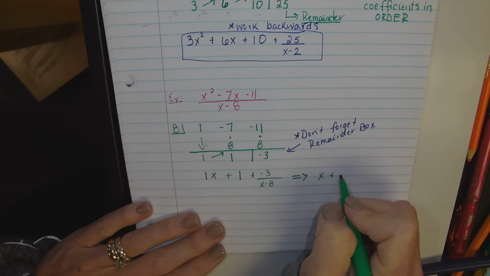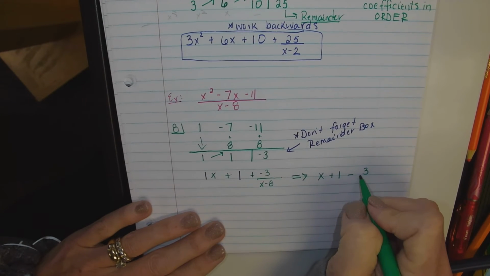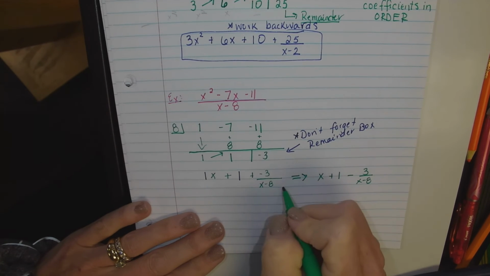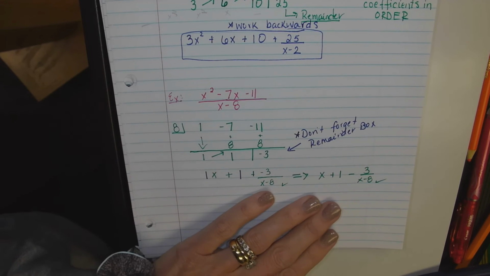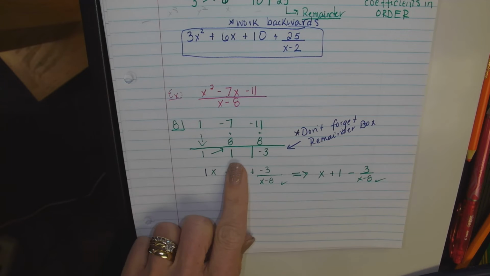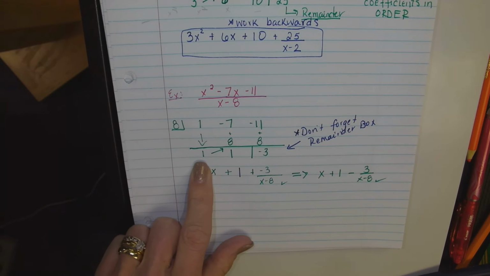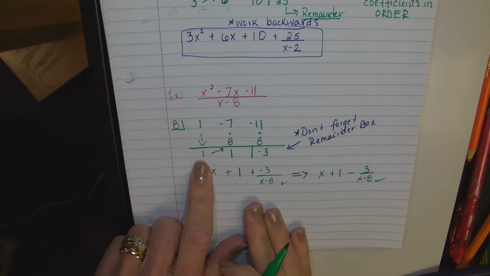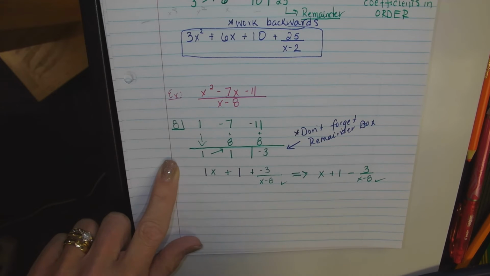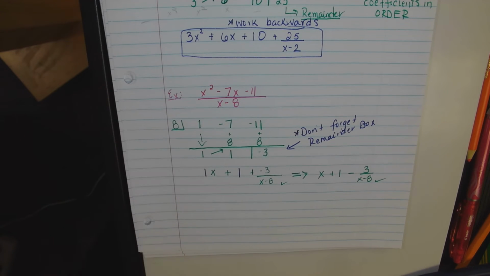X plus 1 minus 3 over x minus 8. Either one of these would be right. This is where you work backwards when you get here. This first number is just your coefficient. The next term will be the x. If I had one more, it would be the x squared.